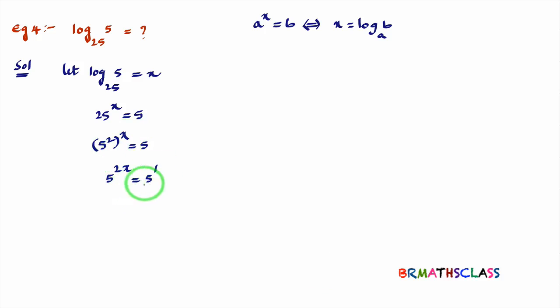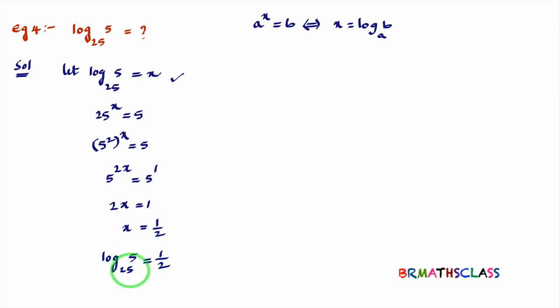As bases are equal, powers should be equal. So 2x equal to 1. What is x from this? x is 1 by 2. We considered log 5 base 25 as x. So you got the value of log 5 base 25. Its value is 1 by 2.